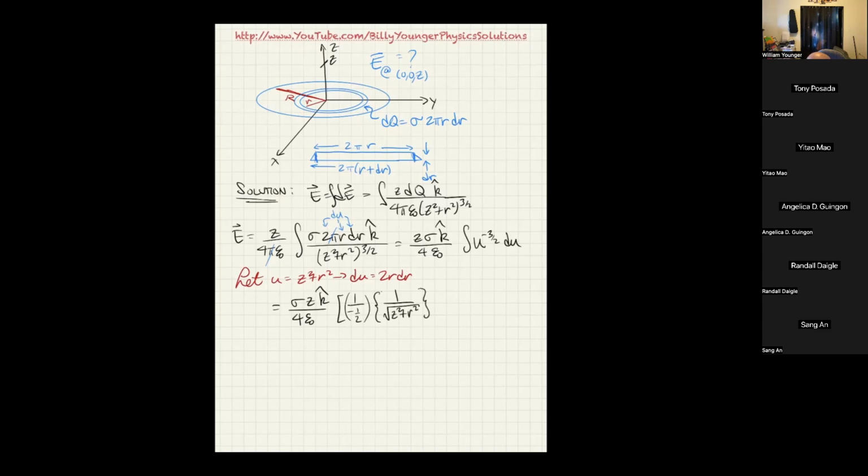And I'm going to evaluate that from r equals 0 to big R. Okay. So this is going to give me sigma z over 4 epsilon naught k hat.